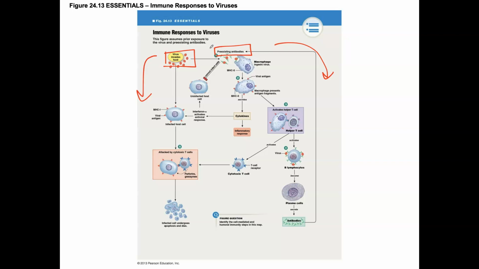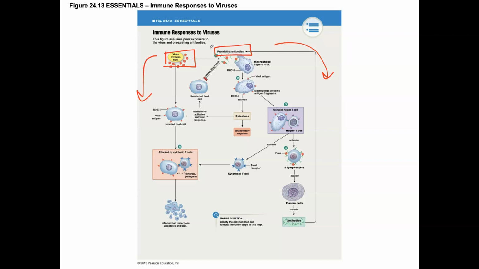Pre-existing antibodies are going to coat the virus. They're going to act as opsonization factors, things that can bind to something foreign to the body and then enhance phagocytosis. But those pre-existing antibodies are only going to be there if this is a virus that the immune system has already seen, so a virus that has already been in the body.